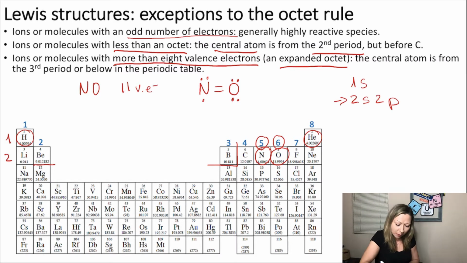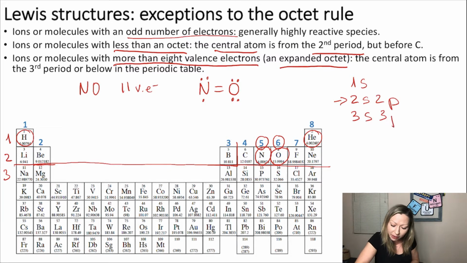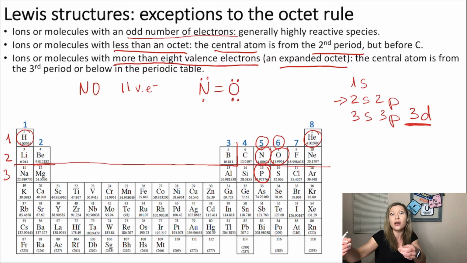However, starting from the third period, we are filling up the 3s and the 3p orbitals, and we have the 3d orbitals right there as a space where we can put extra electrons if we need to do so. So if we have, for example, a central atom phosphorus, it's like, hey, I'm filling up my 3p orbital, I'm going to have the 8 electrons, but if you give me more, I can still rent out my 3d orbital and put those extra electrons there.